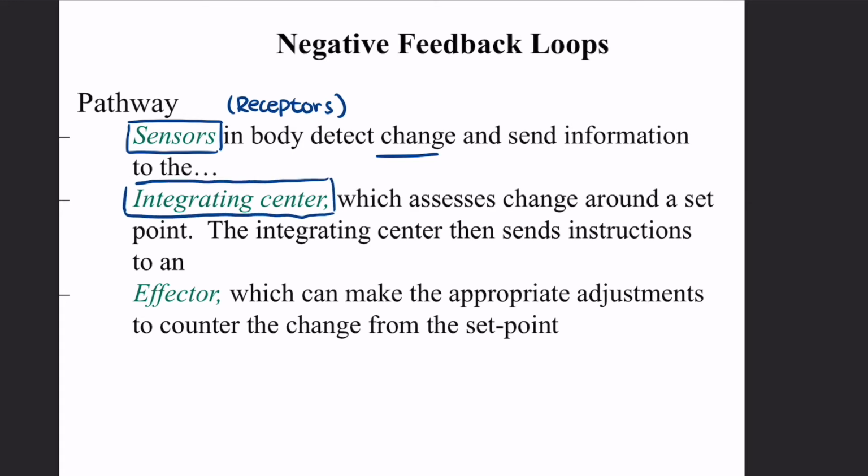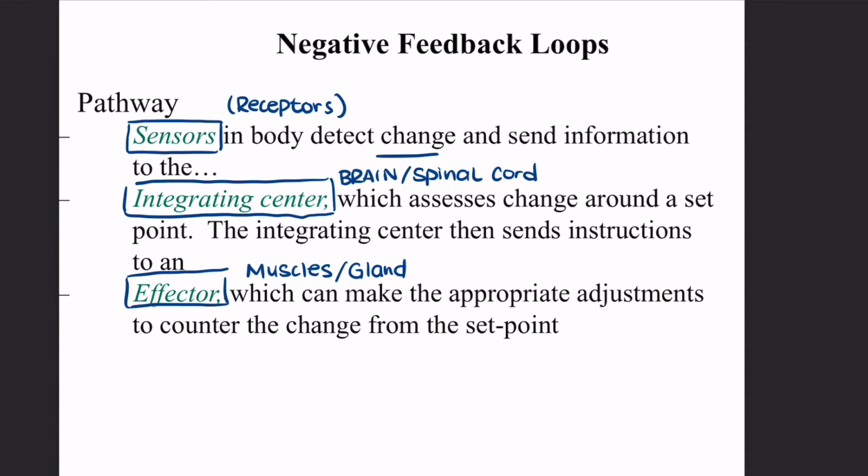Oftentimes this could be the brain or the spinal cord, which are going to process that information, interpret it, and send instructions to a third part, which is an effector. An effector is going to cause some change. So this could be muscles, this could be a gland, or a visceral organ, but there's going to be a change that is going to impact the stimulus that our receptors first sensed.